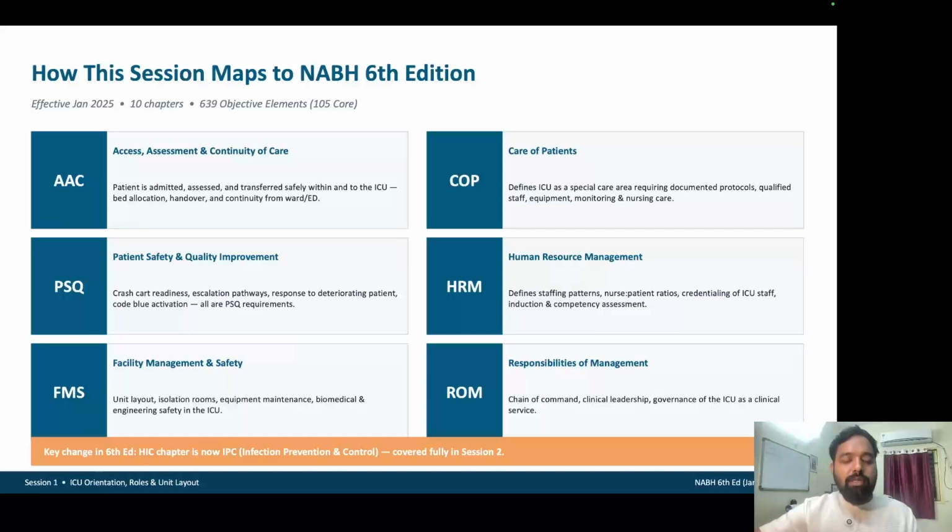Regarding the facility management and safety aspect, the unit layout, isolation rooms, facility functioning, equipment maintenance, biomedical and engineering safety in the ICU are the key aspects. Care of patients defines ICU as a special area requiring documented protocols, qualified staff, equipment, monitoring, and nursing care.